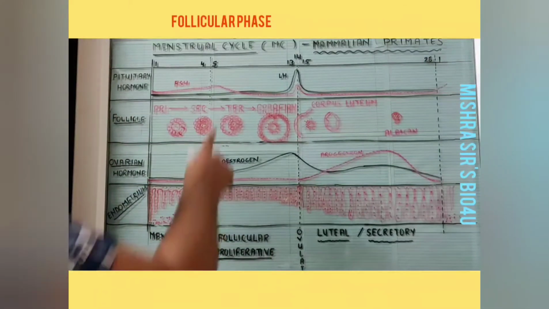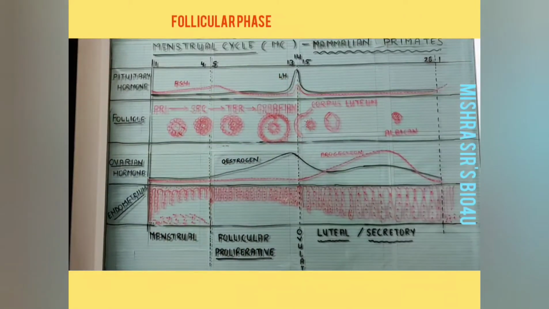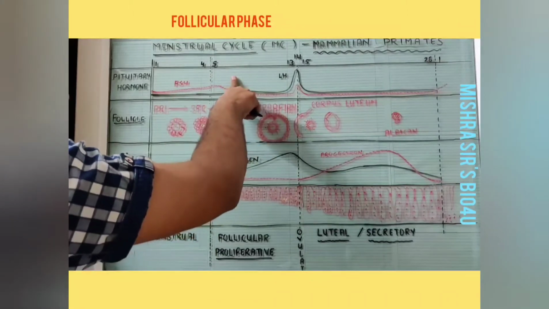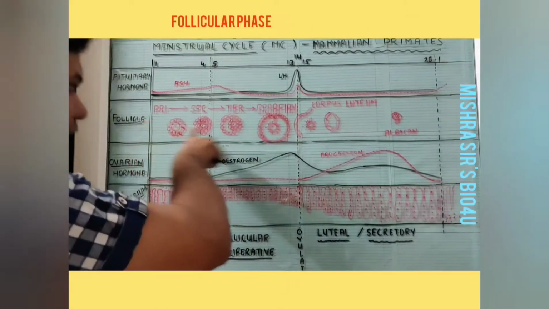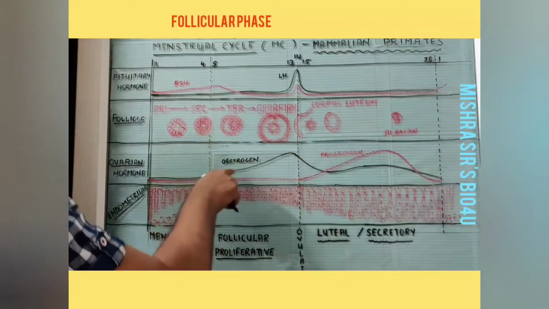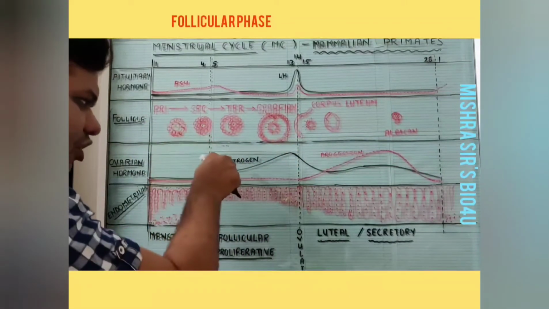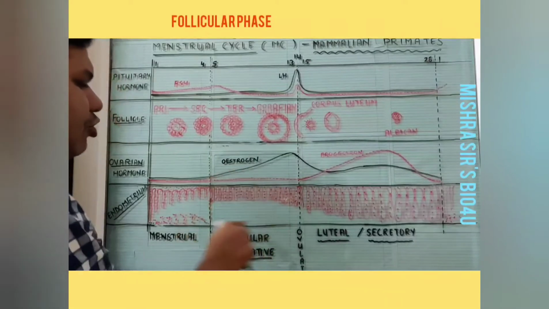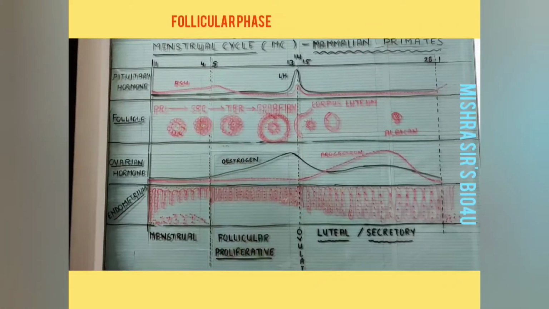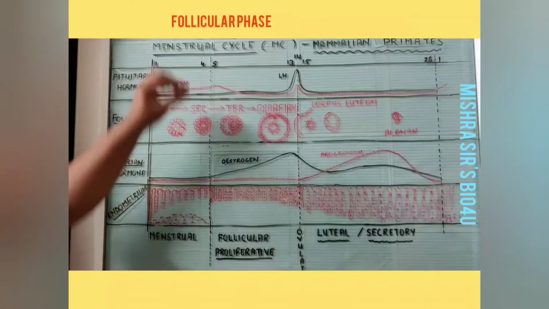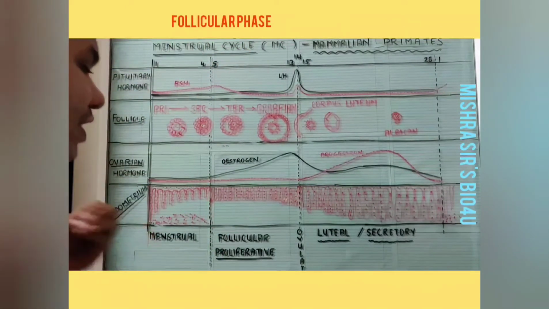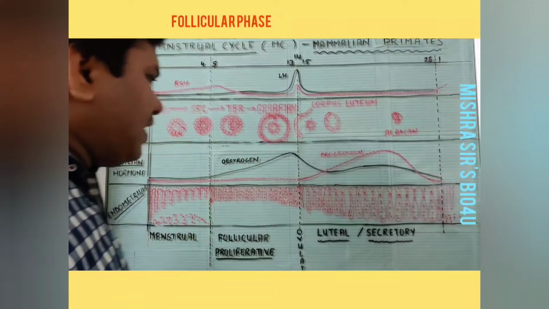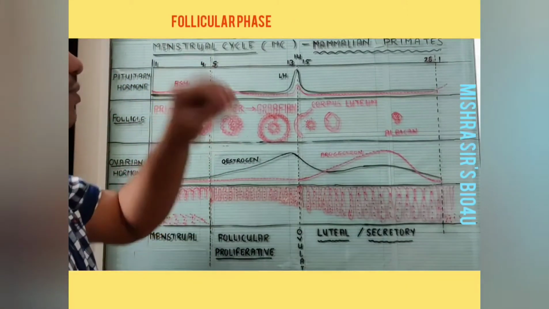So it is simple: increased level of FSH causes development of follicles. The developing follicle produces estrogen. Increased level of estrogen repairs the endometrium and bleeding stops. I hope the day 5 to 13 phase is clear. If I check any female during this phase, her estrogen level will be high.